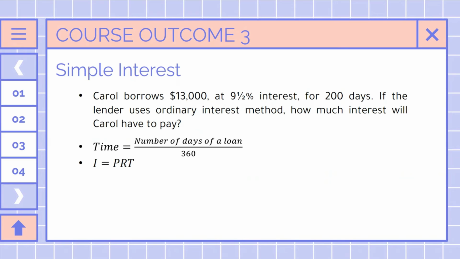Same as before, interest is equal to principal times rate times time. So 13,000 is for the principal, 0.095 is for the rate, and 200 over 360 is for the time. As we solve this equation, we will get $686.11.